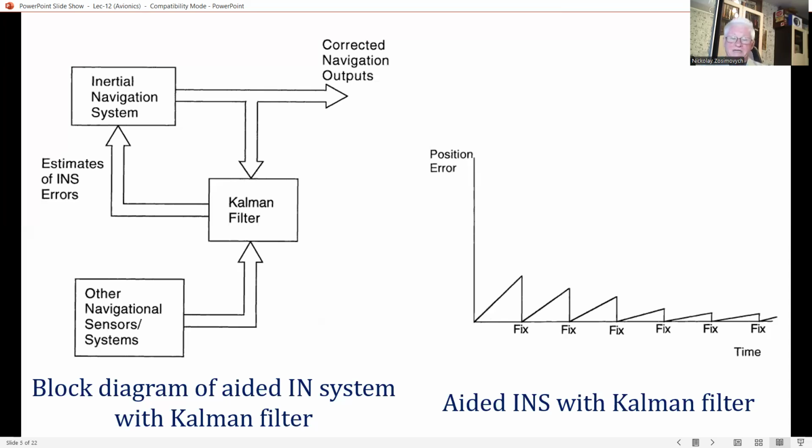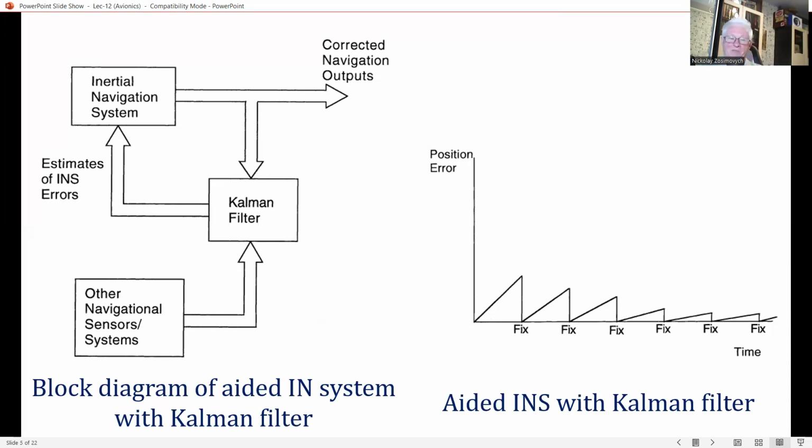This is what a Kalman filter does, and correction can then be applied to the INS as shown in the block diagram in the left part of the slide. The Kalman filter provides an optimum estimate of the INS errors, considering the error present in the position fixing system.